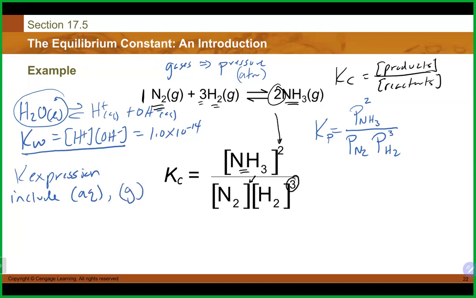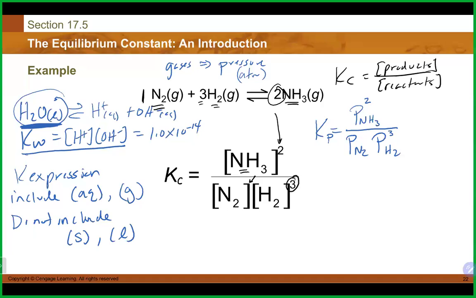Those are the two things that we put in there. The things that we do not include are solids and liquids. That is why when we write our Kw expression, we don't include the water, because it's a pure liquid in this case.